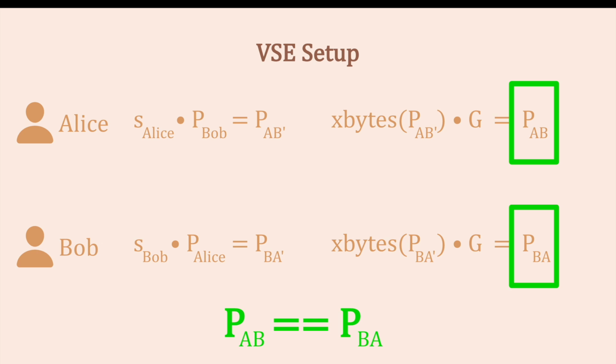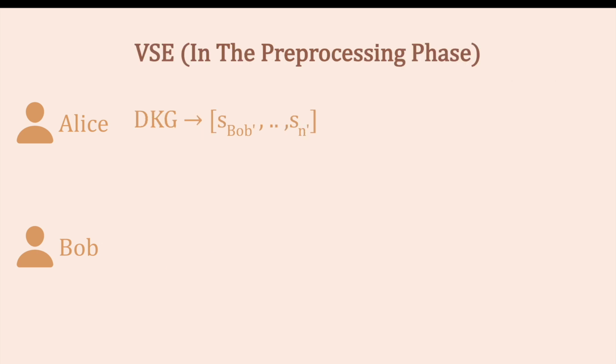the secret scalars. And so in the pre-processing phase, when we run the DKG protocol, Alice creates a random polynomial with random constant value and variables, and creates the shares, evaluates the polynomial to create the shares for herself and for Bob and others.